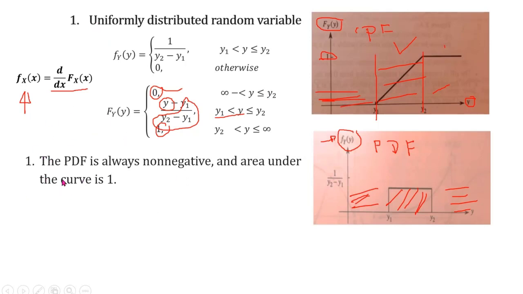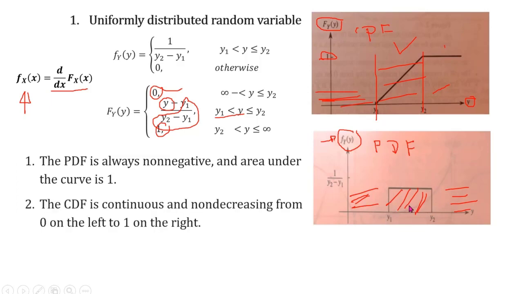All right. So what are the properties of this PDF? The first one, a PDF is always non-negative and the area under the curve is 1. In this PDF, the area under the curve will be 1. A CDF is continuous. Yes, it is continuous and non-decreasing, obviously, and it is 0 at the left side, and it is 1 at the right side.